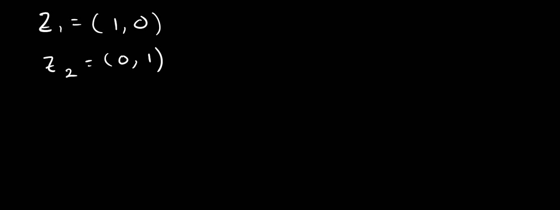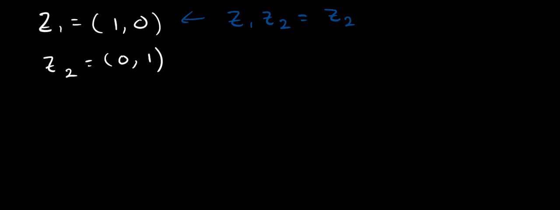From what we know from ordinary real numbers, this is just the number 1, and anything multiplied by 1 equals itself. So we expect z1 times z2 just to equal z2, since z1 is equal to 1. Let's make sure that happens here.